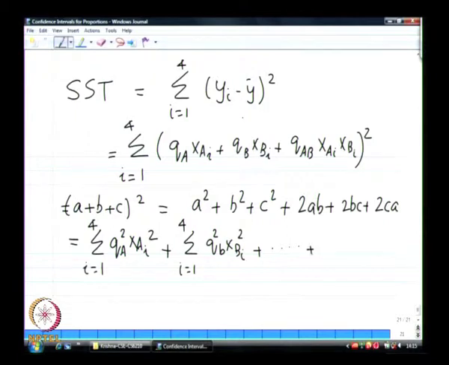And then we will write one term, so plus 2 into sigma i equals 1 to 4 of qa into xai into, so b, right, that is qb into xbi, right, that is one of those terms, other terms I am not expanding. So basically squares plus the corresponding product terms.